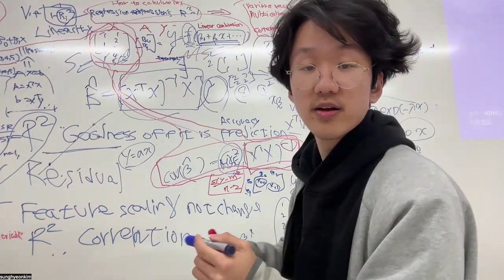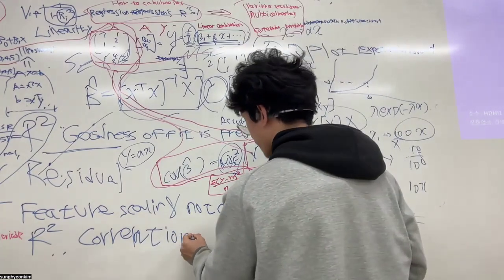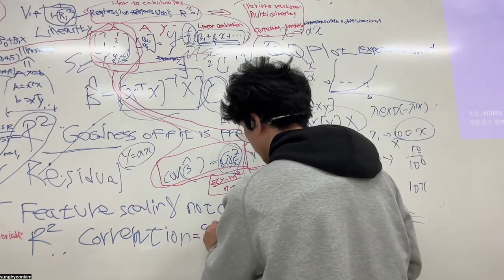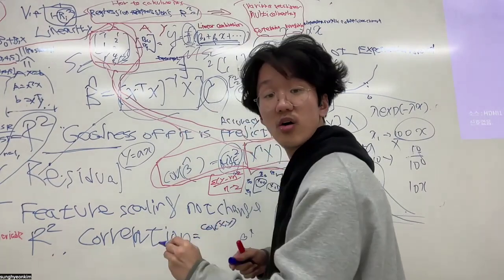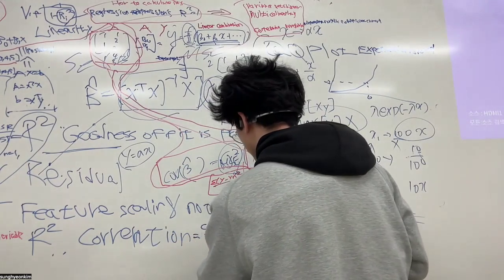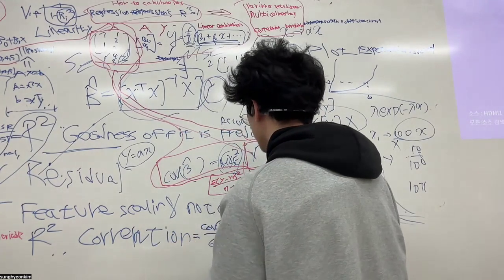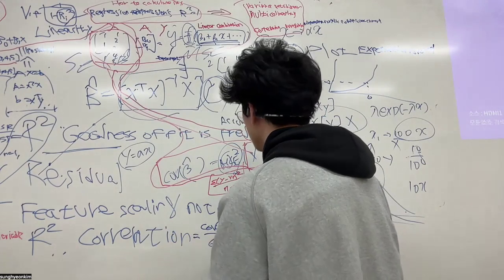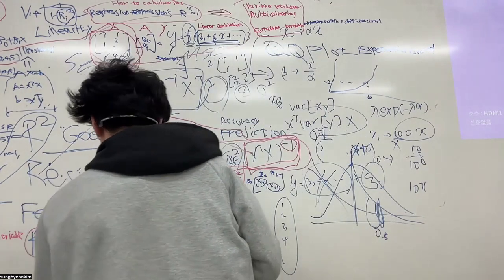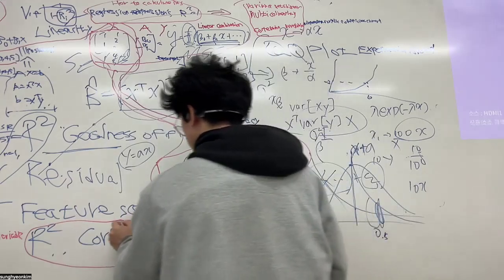Correlation equals covariance of x and y over sigma x sigma y. This is the R2 and covariance relationship.